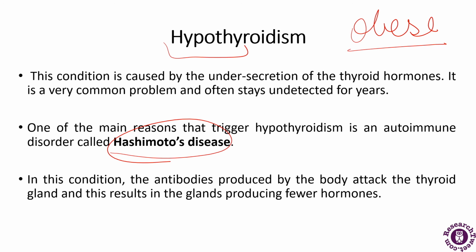Patients will experience a reduction in the symptoms within a few weeks of the medication. So a person is injected with the man-made hormone, or they can take oral medicines also to replace the T4 hormone.